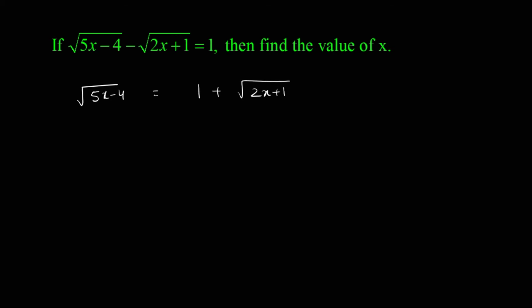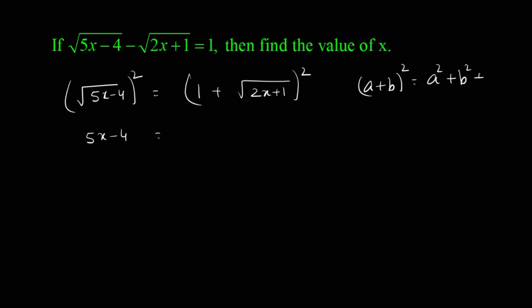In this type of equation we have to remove the radical sign, and we can remove it by squaring both sides. Now the square of the square root of (5x - 4) is 5x - 4. On the right side we can apply (a + b) squared, as we know that (a + b) squared is equal to a squared + b squared + 2ab.